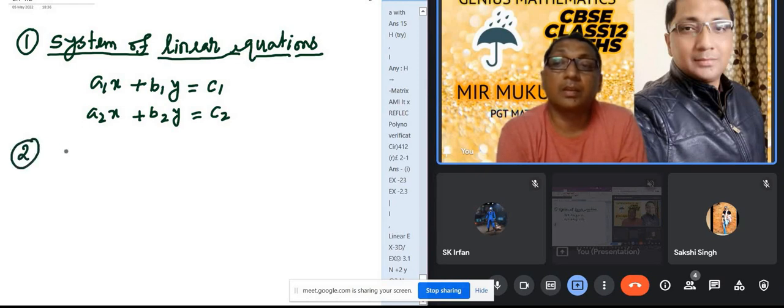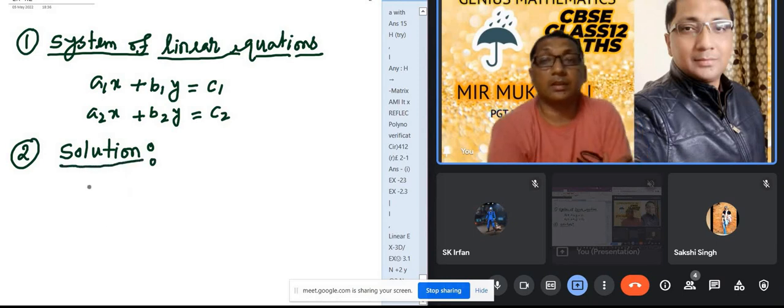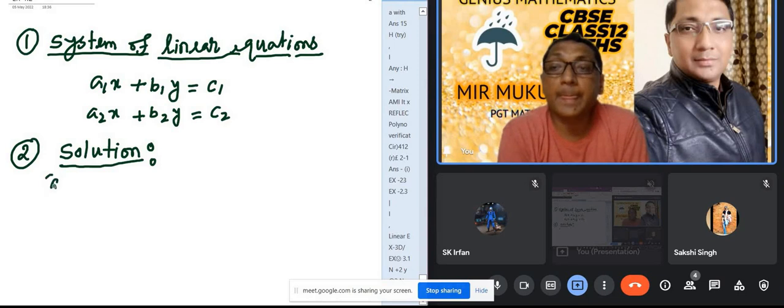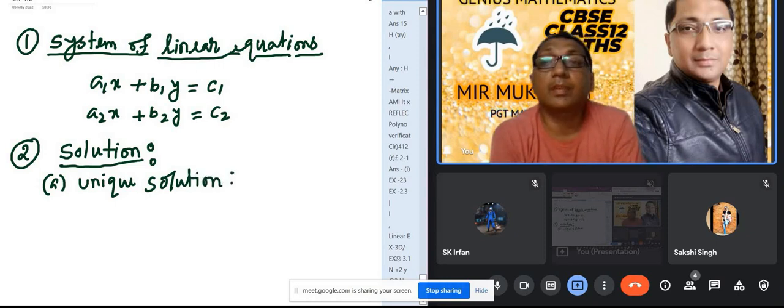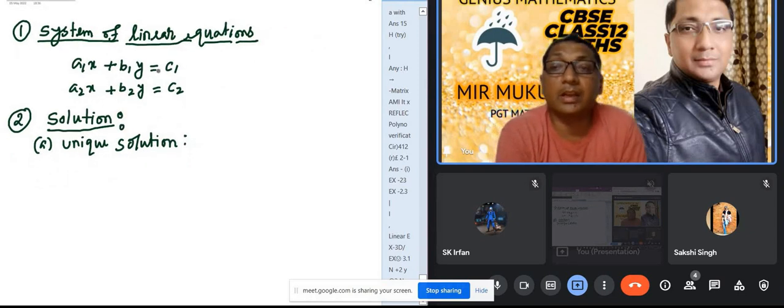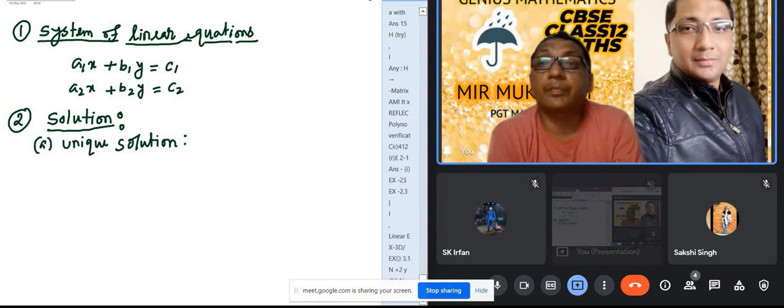Number 2, solution. There will be three types of solutions we'll get. Number 1, unique solution. If unique solution, then if you draw the graph of these two linear equations, the graph will be intersecting, right?